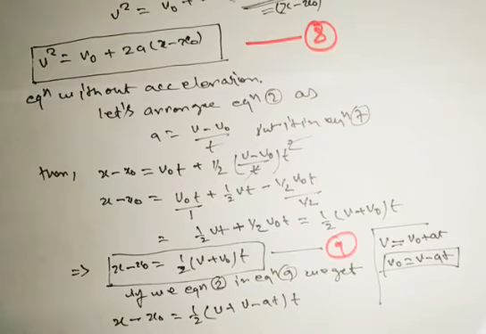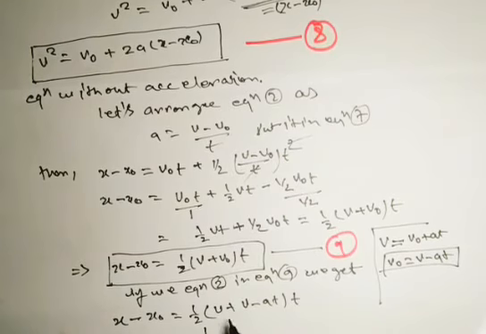So what do we get? x minus x naught equal to half. This is 2v into t, minus at into t.